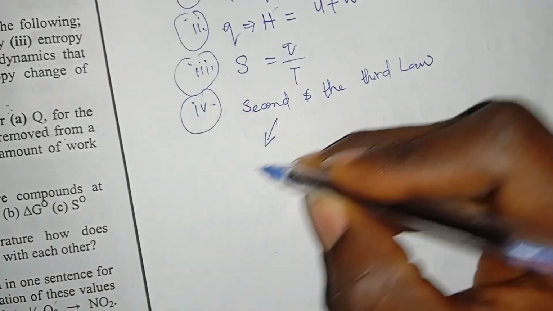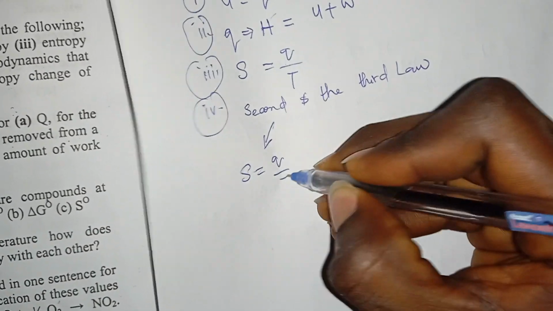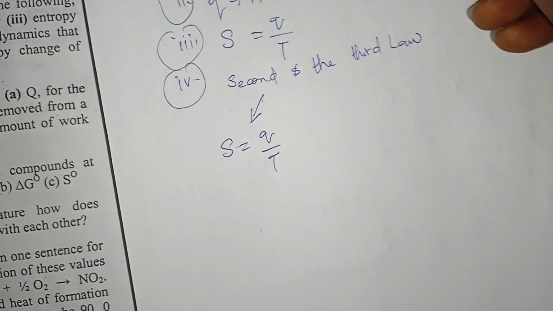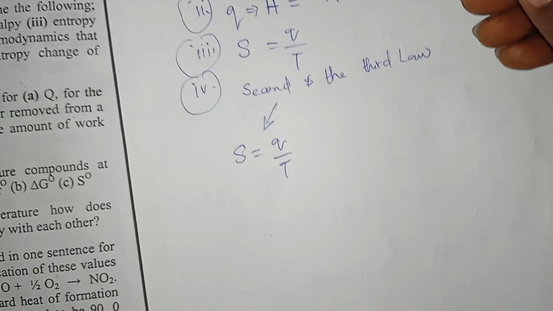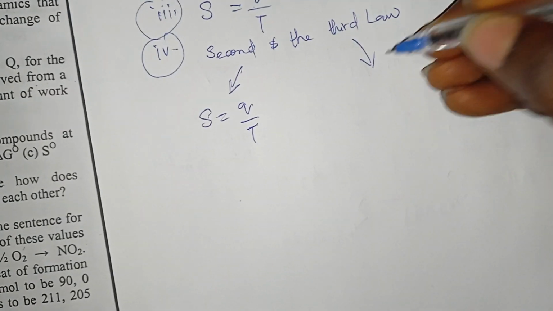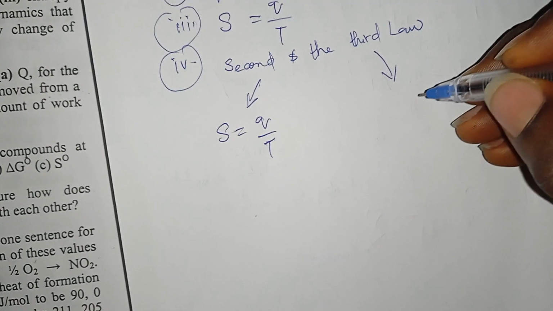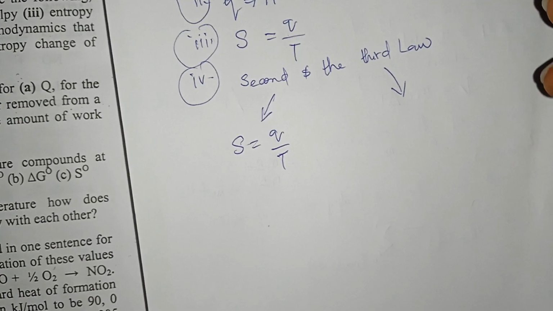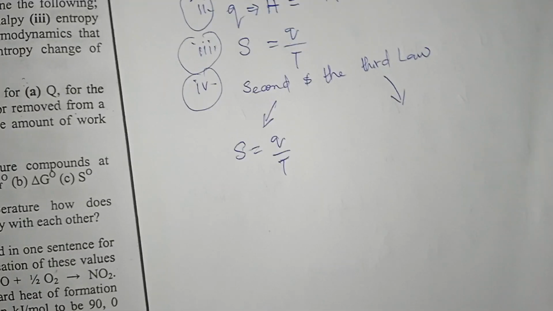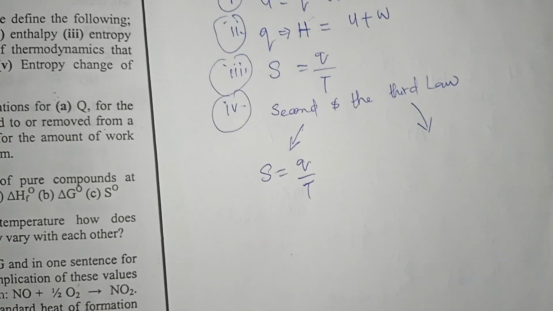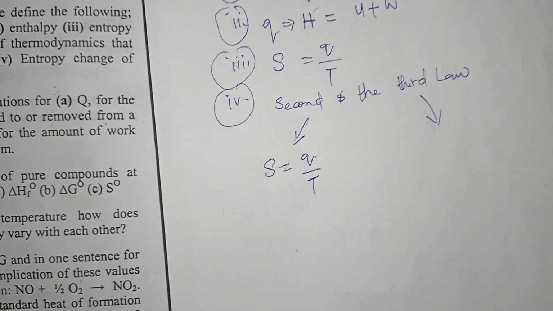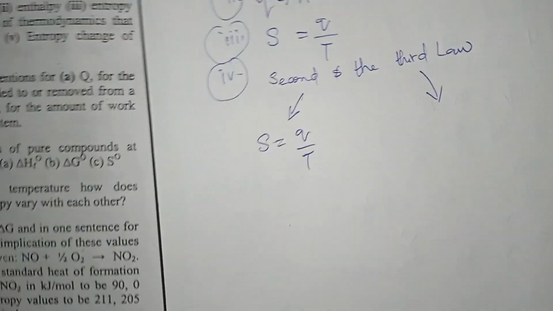For the second law, S is equal to Q over T. The second law states that for any spontaneous process, the total entropy of the system and surroundings increases. This is the formula. The third law states that the entropy of a perfect crystal is zero at absolute temperature.